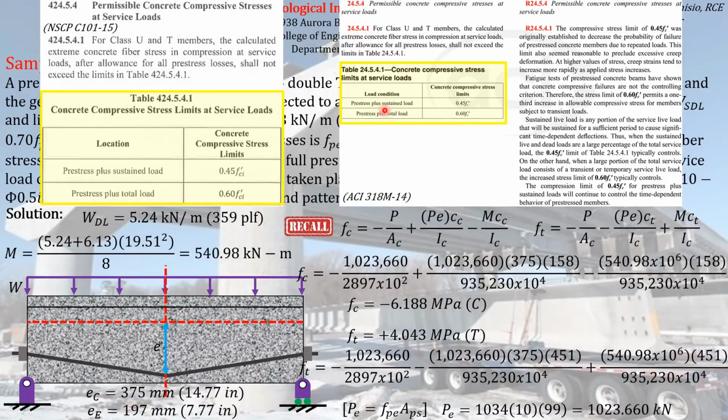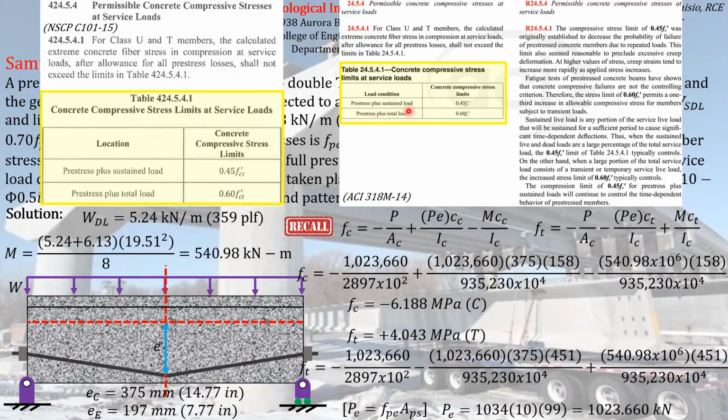For the first row, it states that you can use this compressive stress limit if the load condition is pre-stress plus sustained load, while you can use this other formula if the load condition is pre-stress plus total load. So which of these will we use?